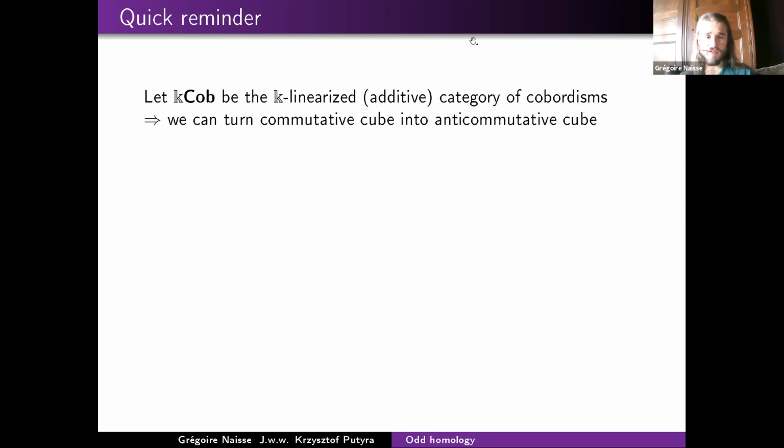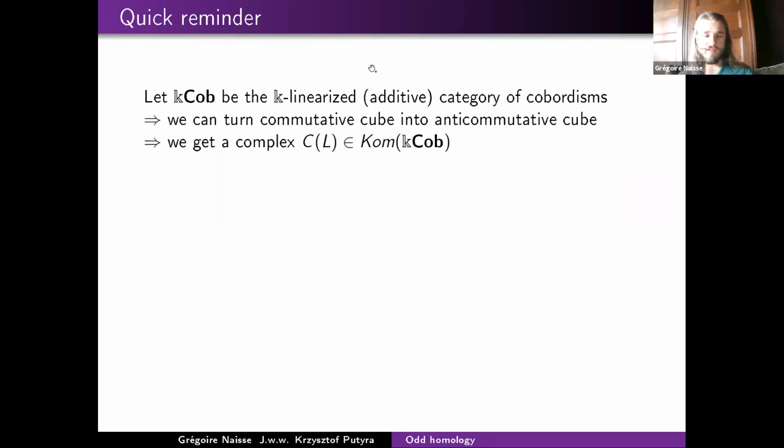And so now if you do this, you can just put the signs you want in your cube to make it anticommutative. There are some combinatorial rules to do that that are not too hard. Another maybe better way to think about it is that your cube is some kind of iterated mapping cone. If you're familiar with homological algebra, then it is something very natural to do. And then this gives you a complex.